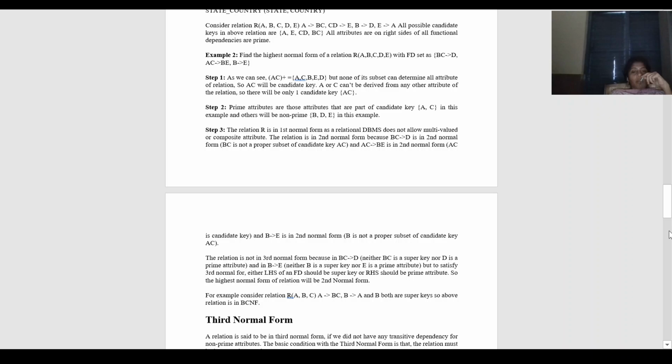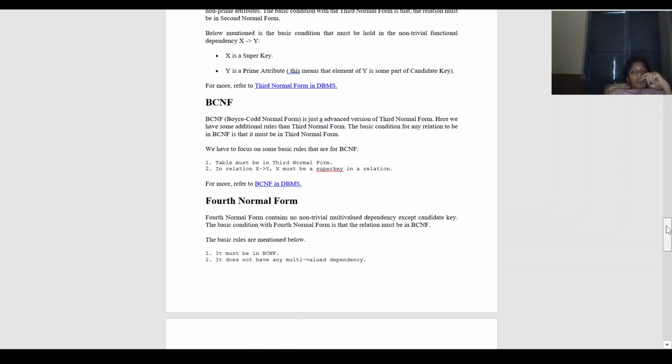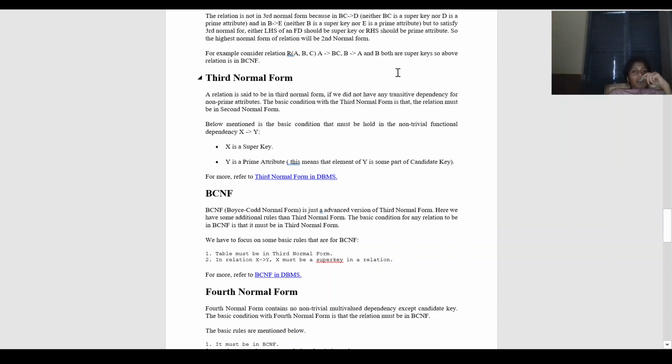What is third normal form? A relation is said to be in the third normal form if we do not have any transitive dependency for non-prime attributes.